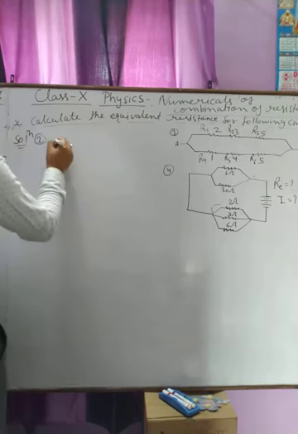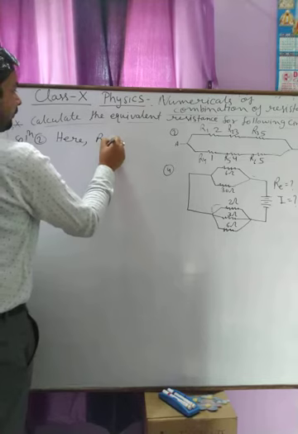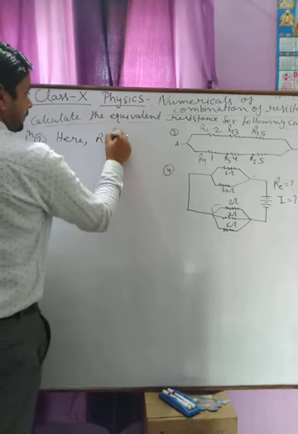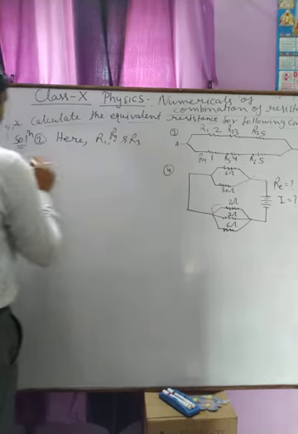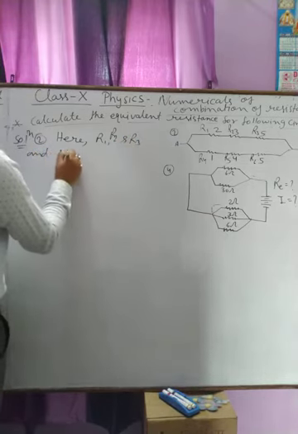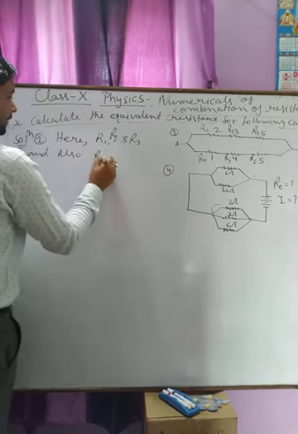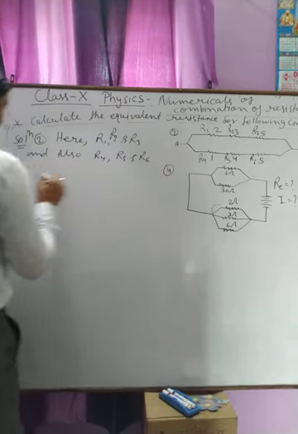Here, student, R1, R2, and R3, and also R4, R5, and R6 are in series.